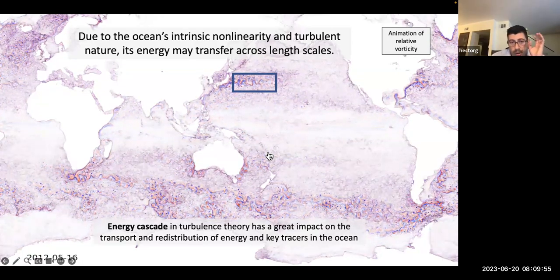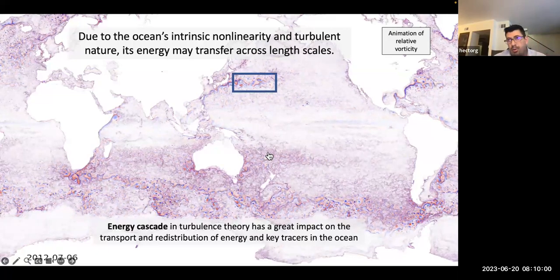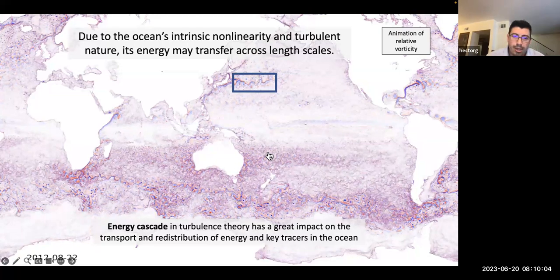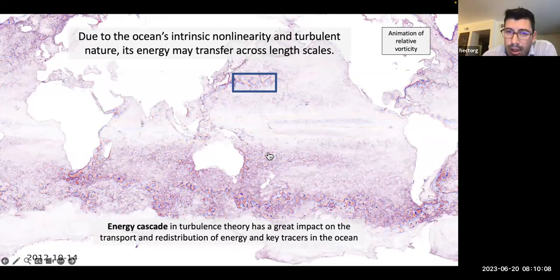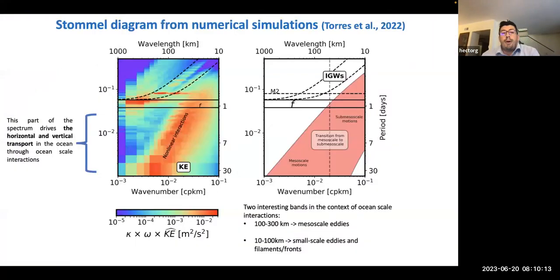The region I'm going to choose is the Kuroshio extension, a highly energetic western boundary current with a lot of mesoscales and submesoscales, and the submesoscales follow the seasonal variability.